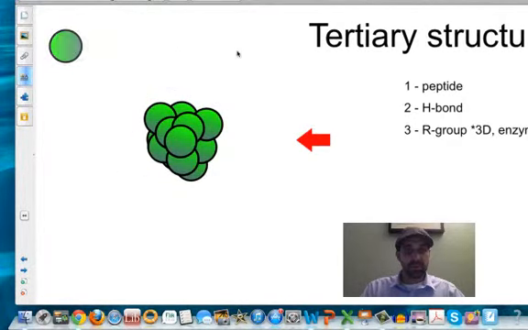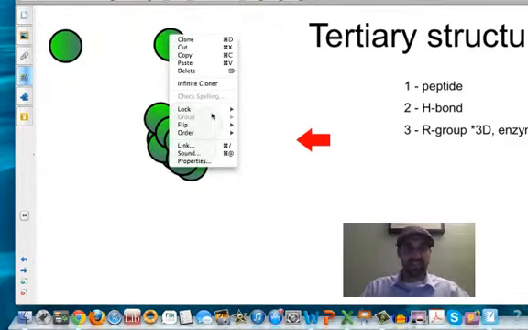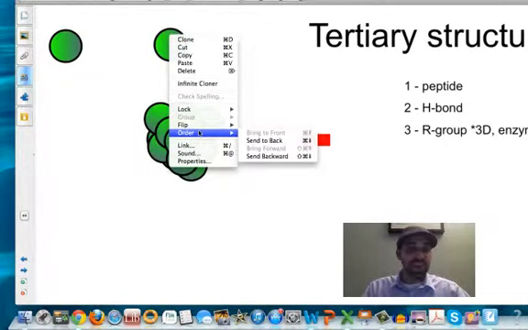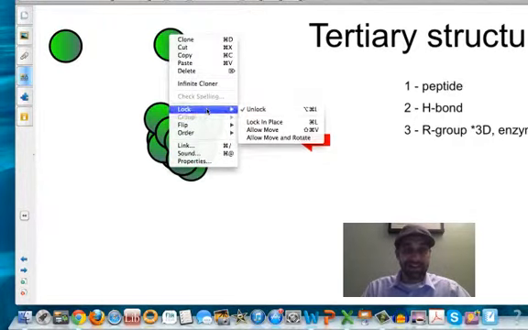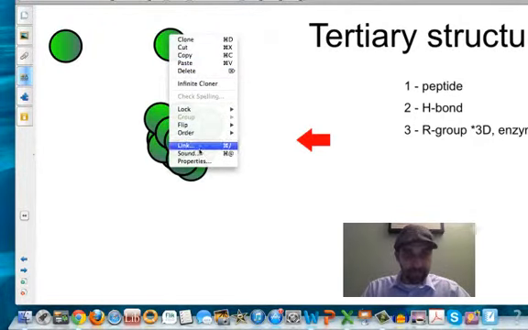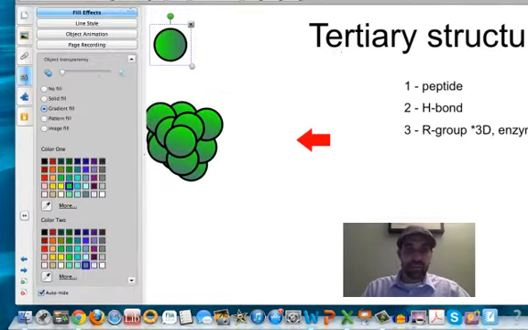All right, we'll take this one, change its color, and we're going to pretend that this is a substrate, or a molecule that's going to be acted on, something that needs to be broken down or acted upon by this tertiary enzyme. We'll make it purply bluish or something.